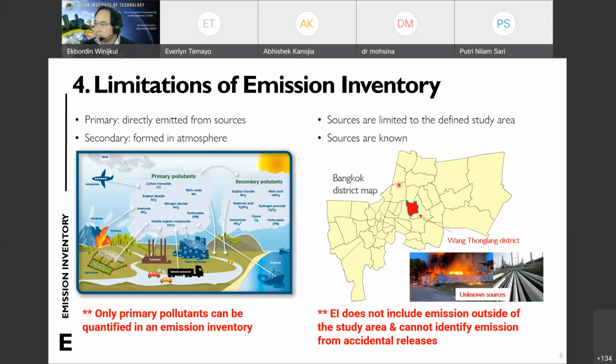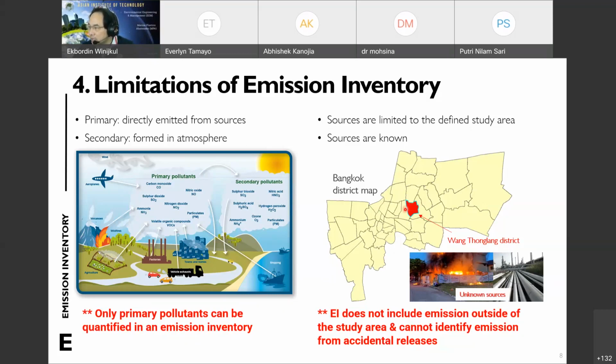The second one: the sources are limited to the defined study area. For example, this is the Bangkok map, and I put in these boundaries as the boundaries of different districts in Bangkok. Bangkok has about 50 districts. So if I want to do an emission inventory of this district, the red one, called Wang Thong Lang district, then only the sources in Wang Thong Lang district are going to be accounted for in my inventory.